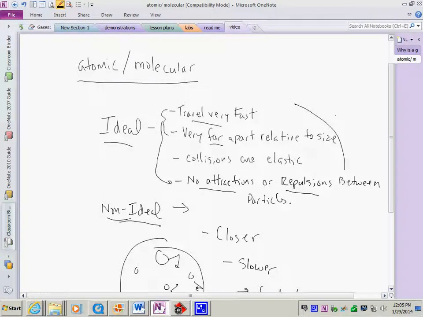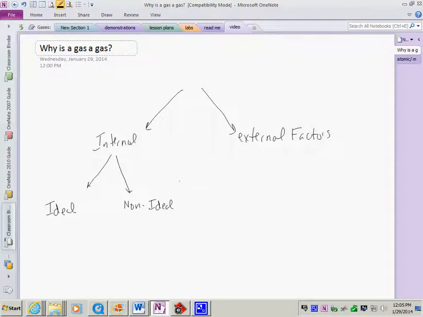What's not important is the actual type of particle. Does not matter. We don't care.